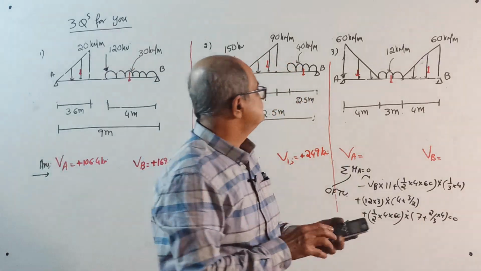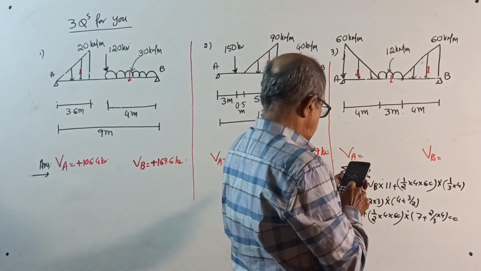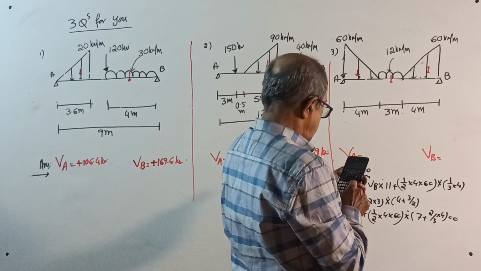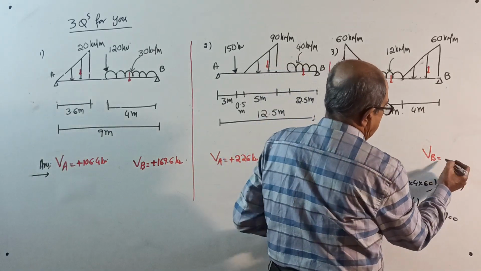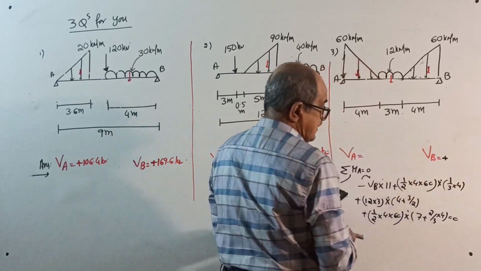VB will come 4 into 60 plus 36 divided by 2. 138 kilonewton plus 138 kilonewton. That is the value of VB.